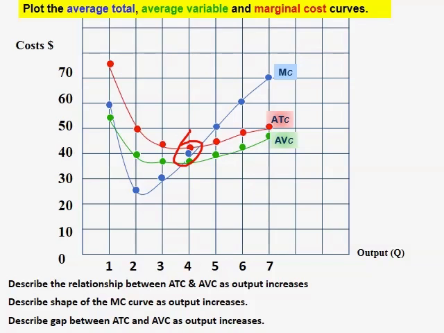So when you draw them, it's really important that you make sure the MC curve intersects the lowest point of both these curves. You can also note there that the gap between average variable and average total, as output increases, gets smaller and smaller. The distance gets smaller, and we'll address that in a moment in the next slide.